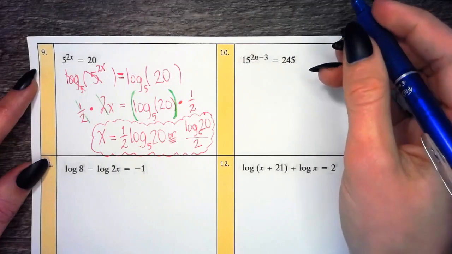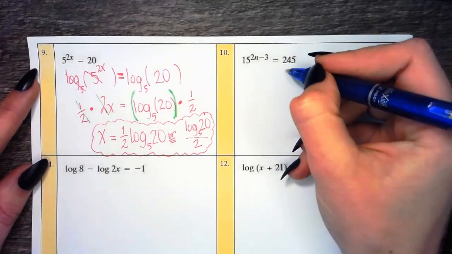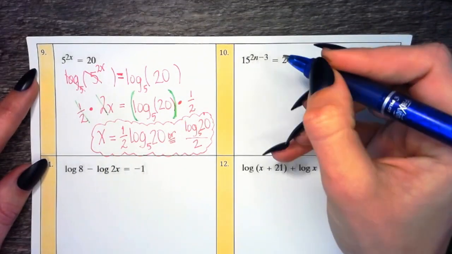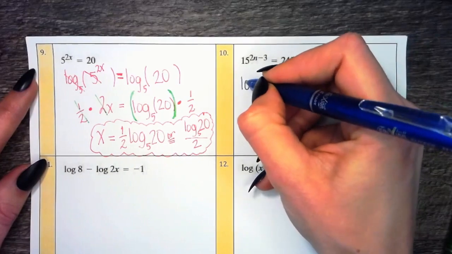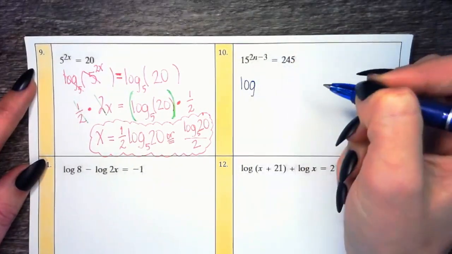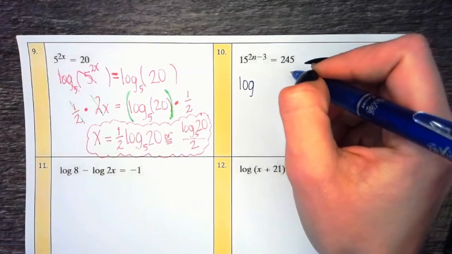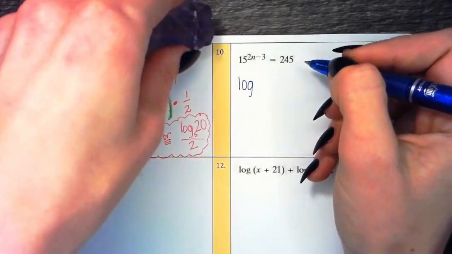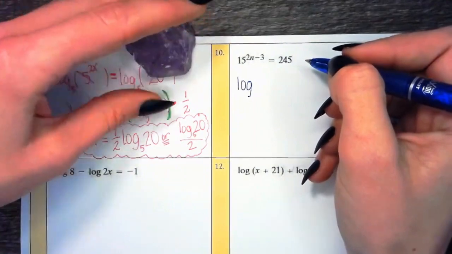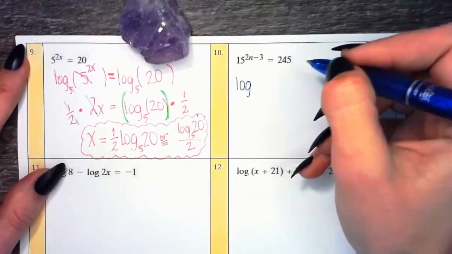We have 15 to the 2n minus 3 is equal to 245. We're going to do the same thing we saw on the last example. Now, I hate when the paper curls. I'm just trying to hold it down over there. Okay.